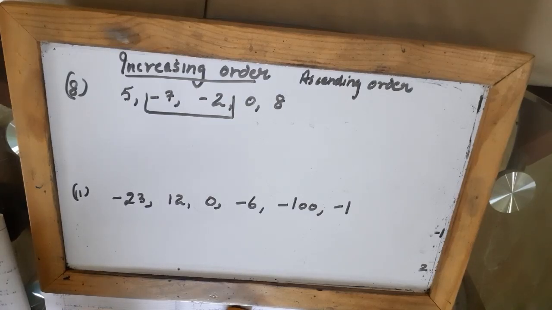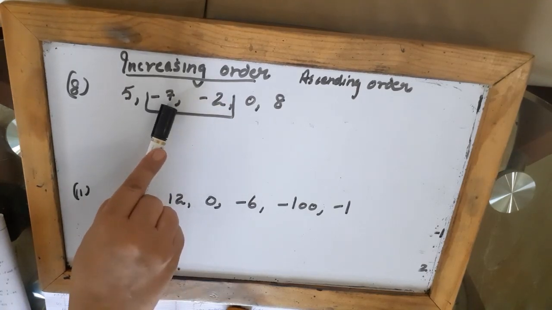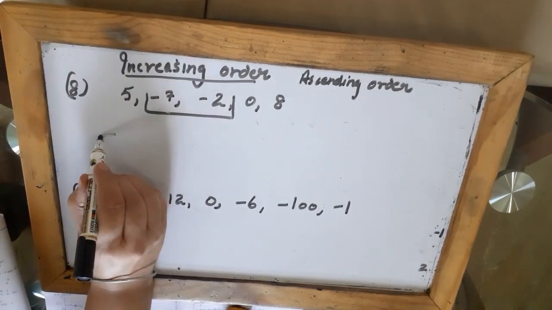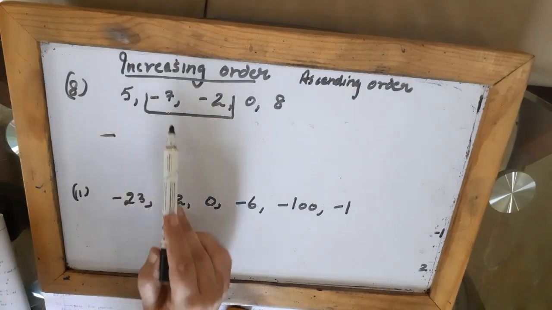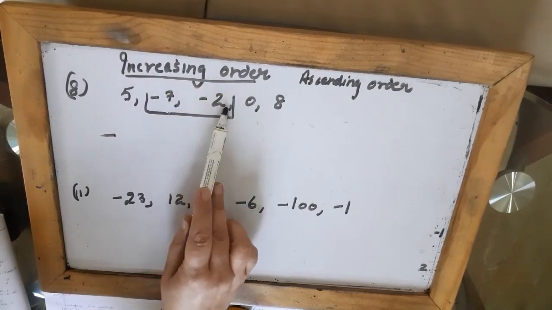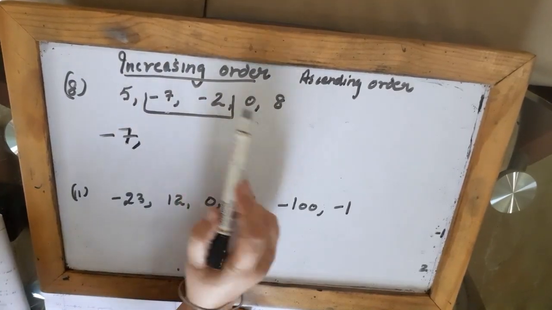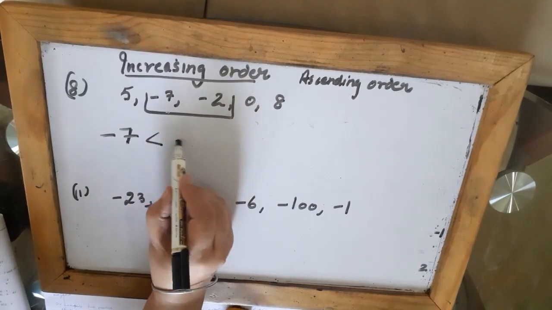And I told you, as the number increases, its value is decreasing. So it means that minus 7 is smaller than minus 2. So the negative integer will be the smallest, and out of these two negative integers which are given, minus 7 is smaller. So I have to start with the smallest integer. So minus 7 is smaller than minus 2.